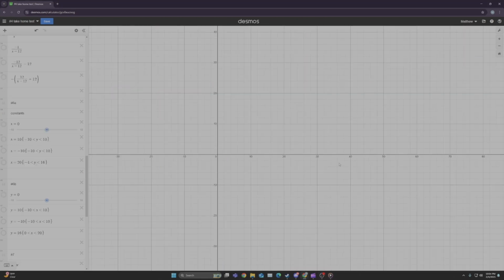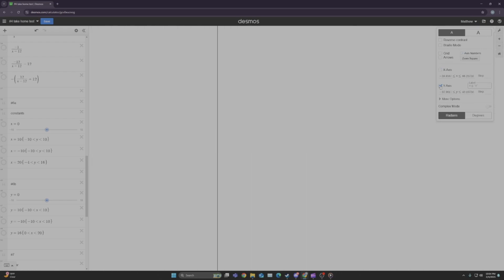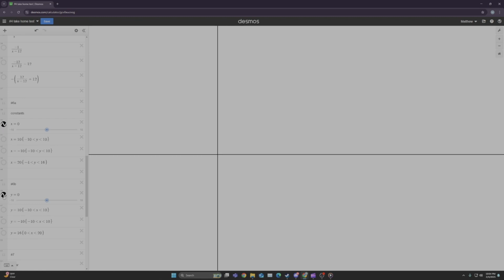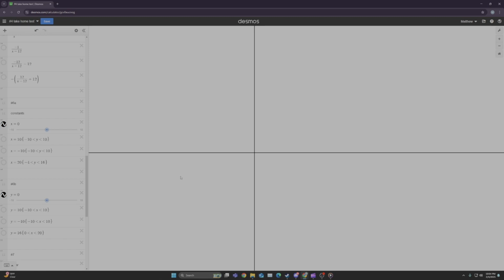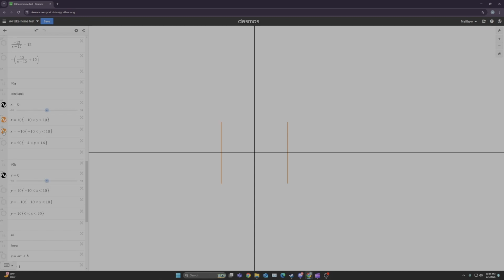So to really appreciate the constants, let's go off grid. And let's turn on x equals 0 and y equals 0 to make our own grid lines. Then you could set x equals 10 with a piecewise function on the right, and x minus 10 to shift it to the left and start the box.